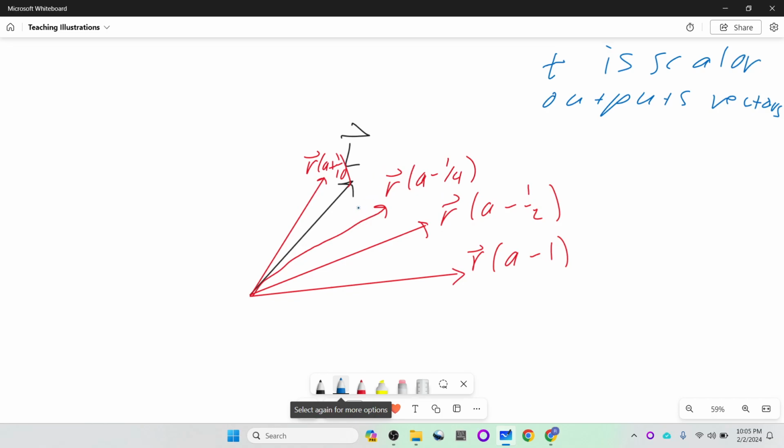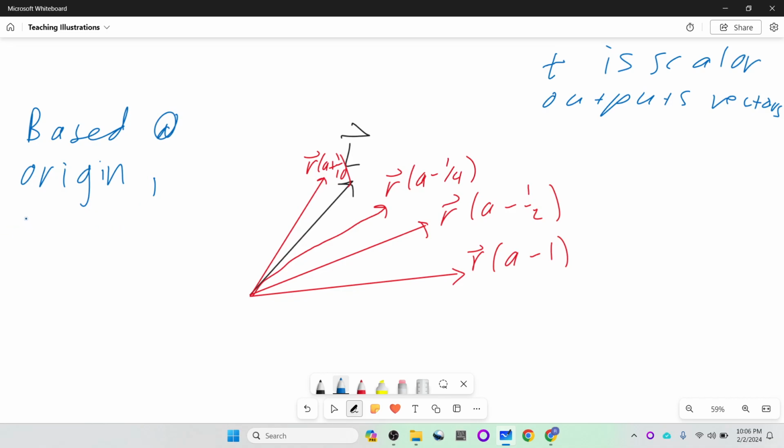But again, what does it really mean for two vectors to be close? Well, we're going to say all the vectors are based at the origin, because they're all equivalent, so we might as well give them all the same base. Then the only thing that's different is the tips, which should get close.